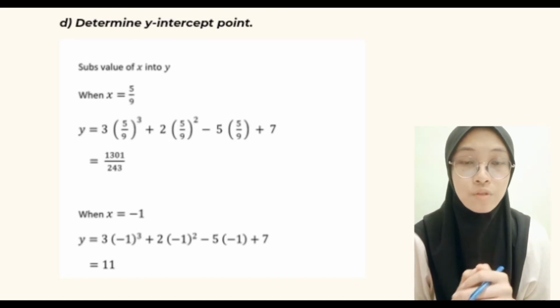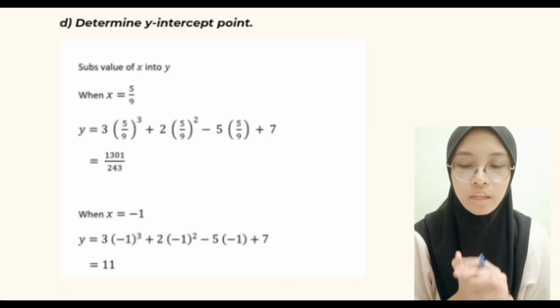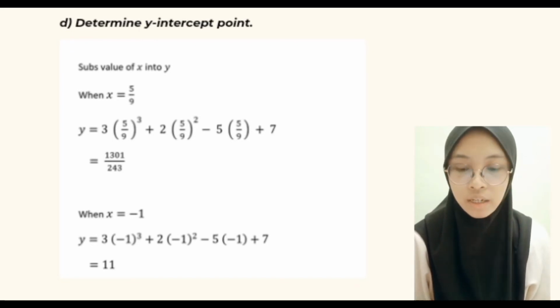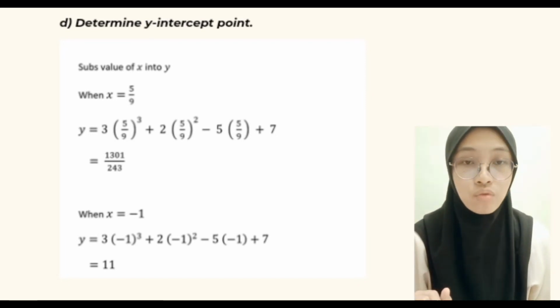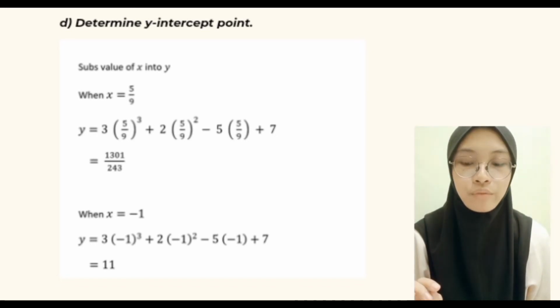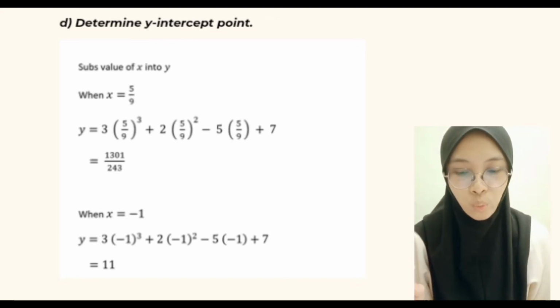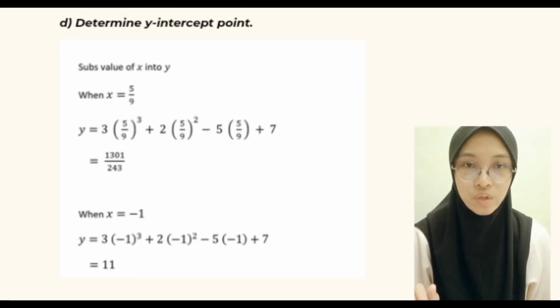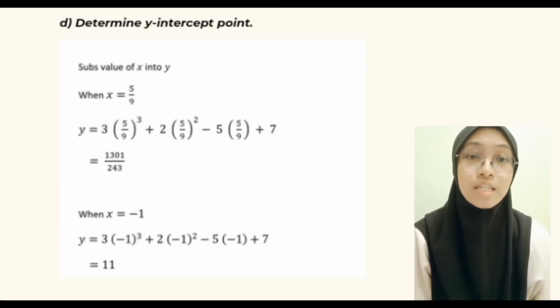You have to substitute the value of x into the equation. So you write y = 3 multiply 5 over 9 power of 3 plus 2 multiply 5 over 9 power of 2 minus 5 multiply 5 over 9 plus 7, and it will be 125 over 243 plus 50 over 81 minus 25 over 9 plus 7, and y will be 1301 over 243.